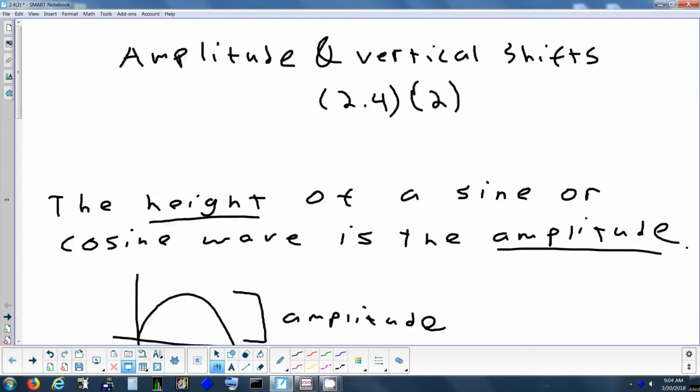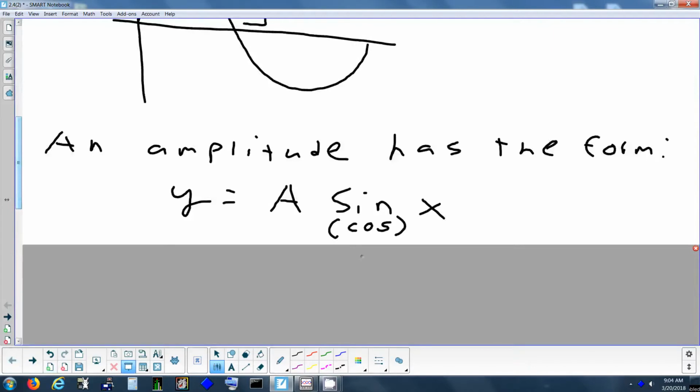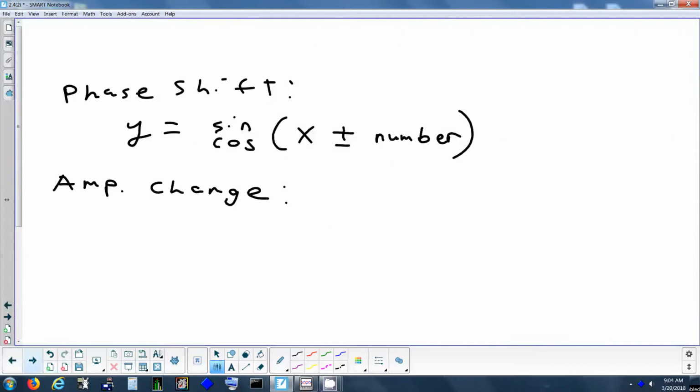So amplitude change, a little different. It's when you have a number in front times your trig function, whether it's sine or cosine. So if you wanted to write it like I did the other one, it's a number, and then you have times sine or cosine, and then you plug something in for x.